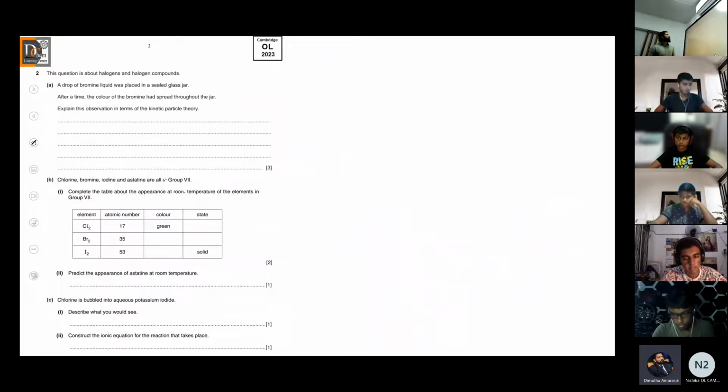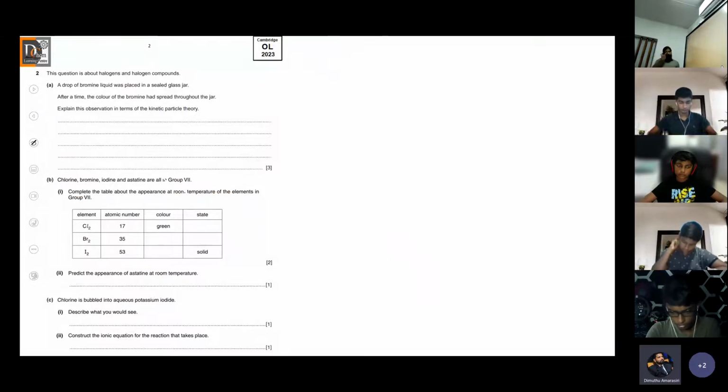Okay, next one. This question is about halogens and halogen compounds. A drop of bromine liquid was placed in a sealed jar, and after some time, the color of bromine had spread throughout the jar. Okay, 3 marks. Right, so inside the jar, you put bromine liquid.